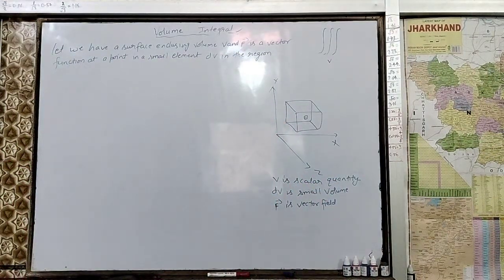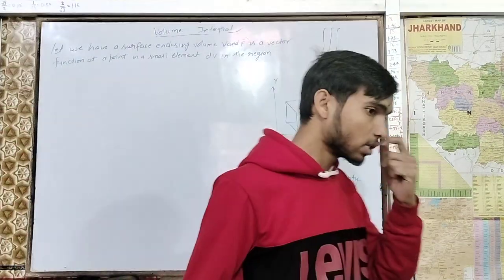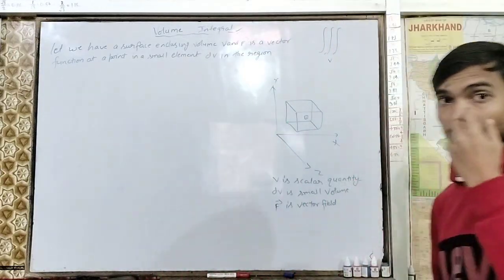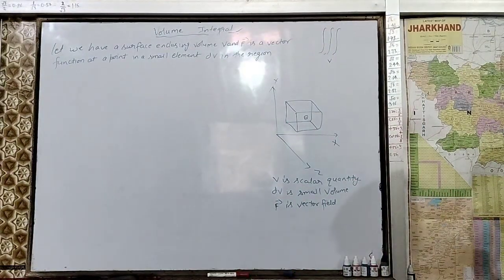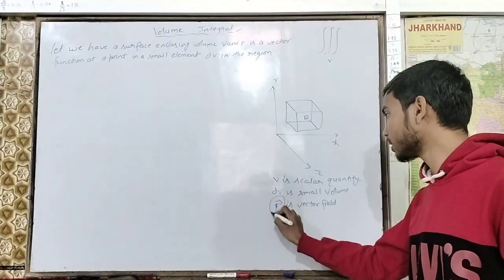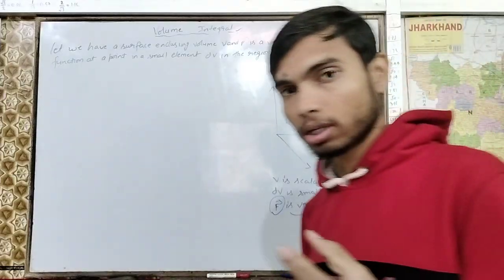F is not completely a vector field. I am just saying that this F vector is present in the vector field, and this is one point which is working as a function. It is not completely a vector field. This F vector is present in the vector field, and it is working as a point function.